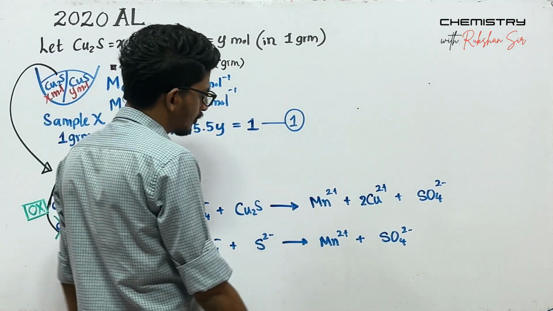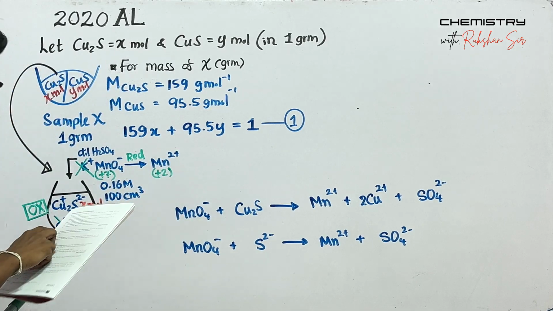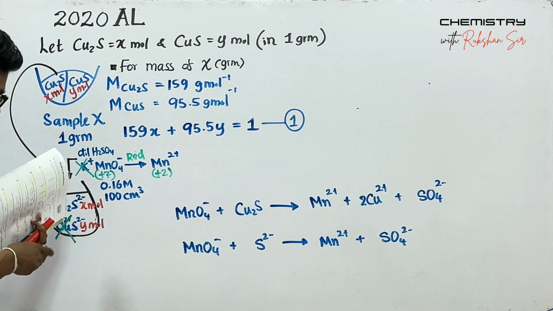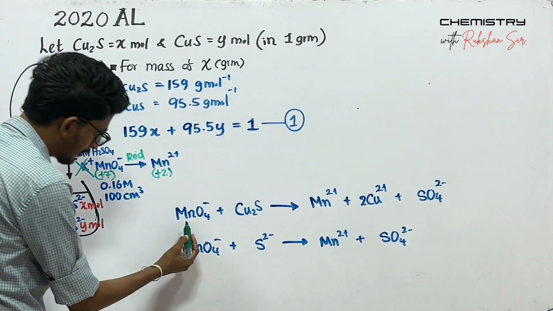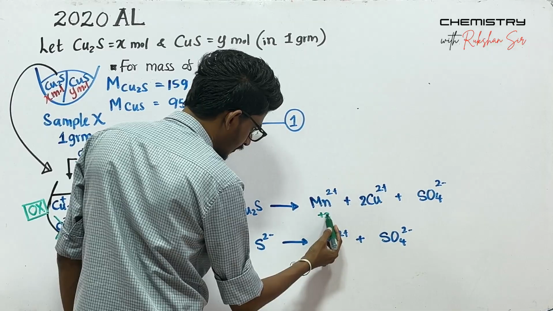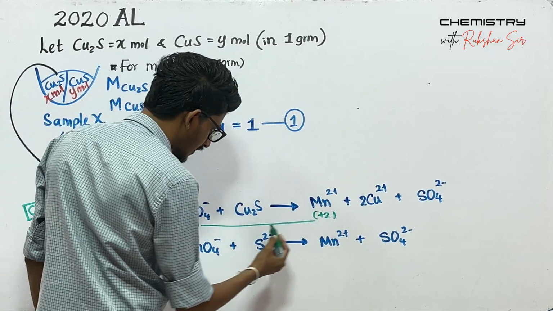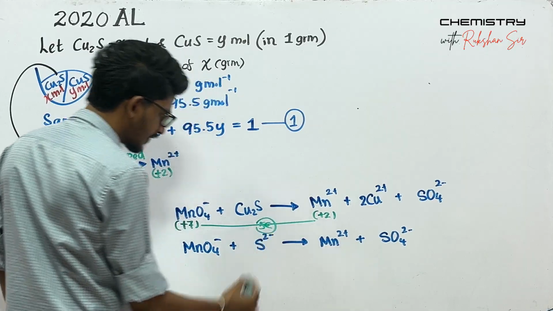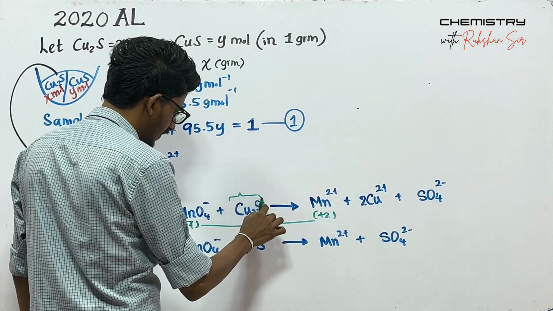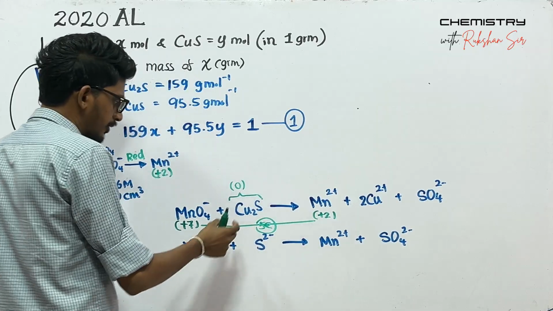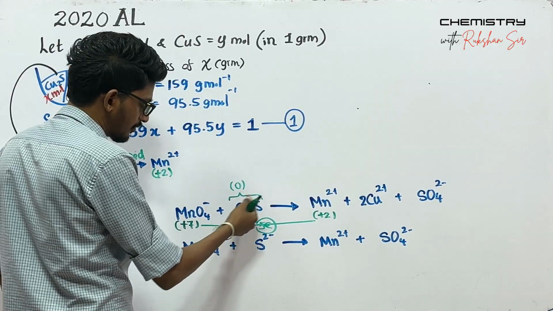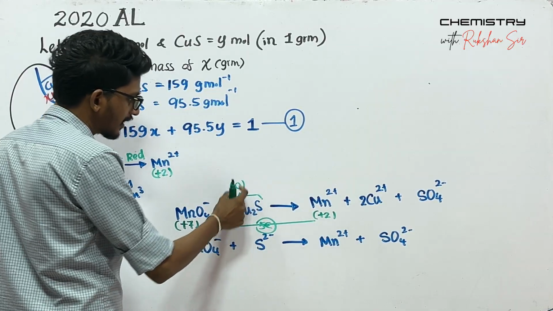So first of all, let's balance these two reactions before proceeding further. This is carrying plus 7, this is carrying plus 2. So there is a 5 electron difference here. For the Cu2S, the summation of oxidation states is 0, because both the copper and sulfur get oxidized. The summation of oxidation states of a compound is equal to 0, right?